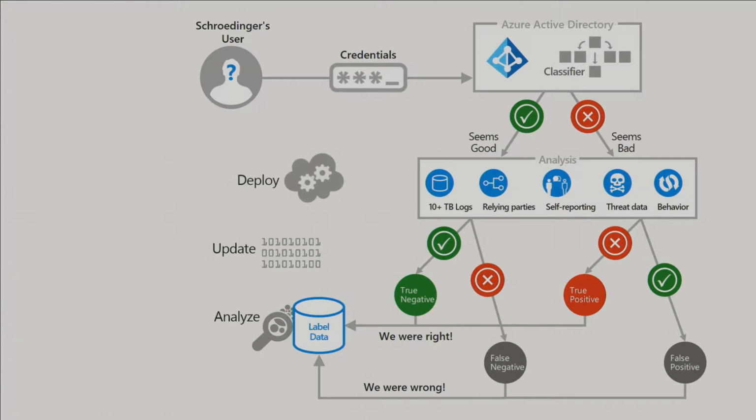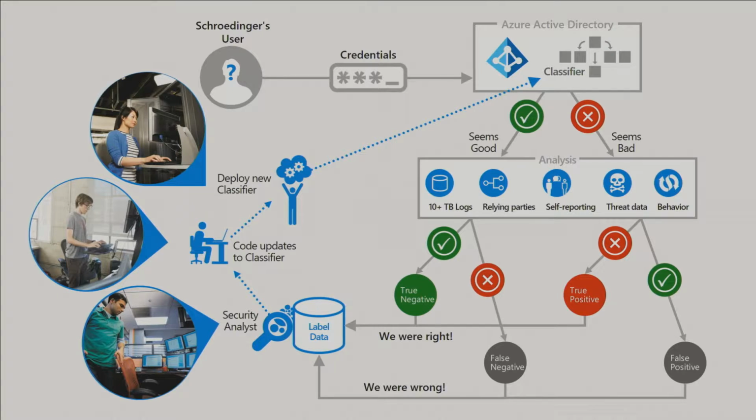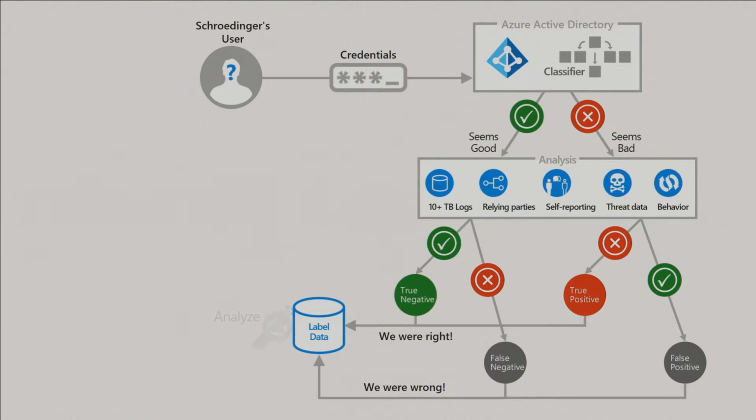But the issue with this is that there are humans involved. Typically, this whole cycle of having a classifier and making changes to it can take 6 to 8 weeks. But as we said, the bad guys are sophisticated. They're moving really fast, and 6 to 8 weeks is not good enough. So what we have done within Microsoft is automate this whole process.